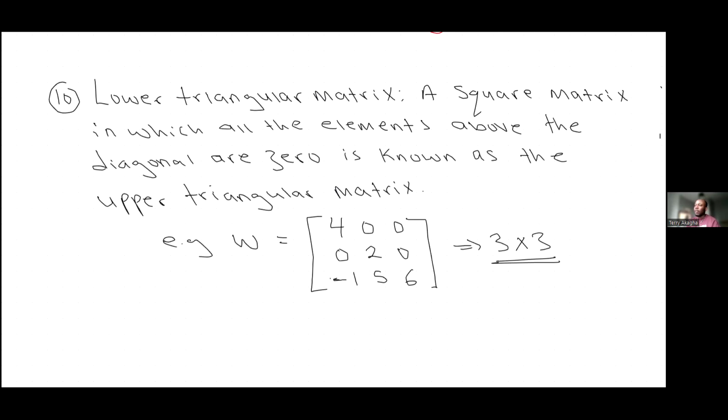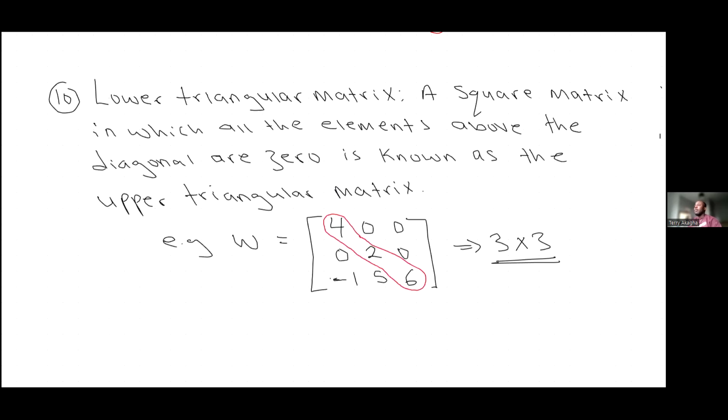Similarly, this is the diagonal of the matrix, or the main diagonal, or the leading diagonal, and 4, 2, and 6 are the diagonal elements. If you look at this, all the elements above the diagonal are 0. Because everything above is 0, it's going to be called a lower triangular matrix.